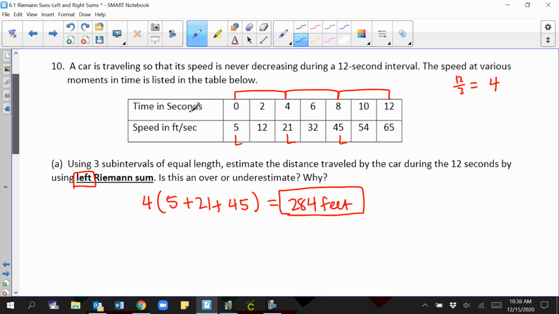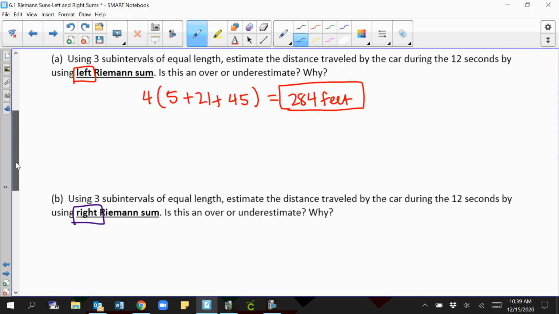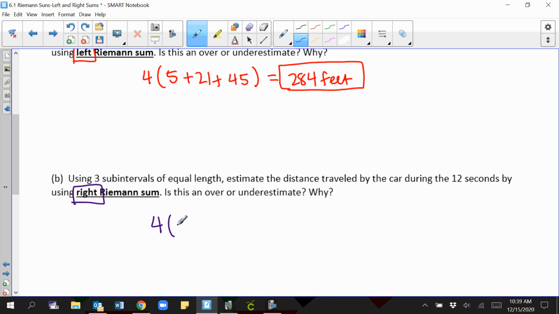So instead of using these left points, I'm going to use my right points, which would be the 21, the 45, and the 65. So my width is still 4, and then I'm going to do 21 plus 45 plus 65, using those right endpoints for the interval. When I add all of that up and multiply it by 4, I end up with 524 feet.